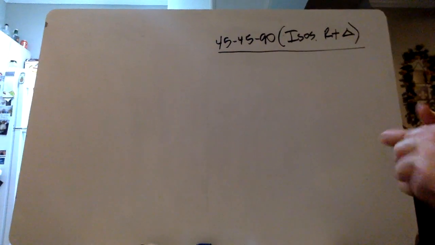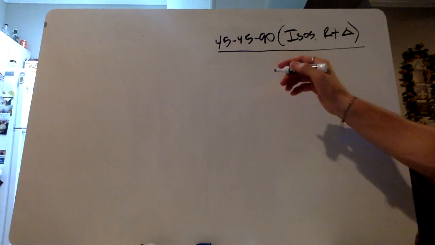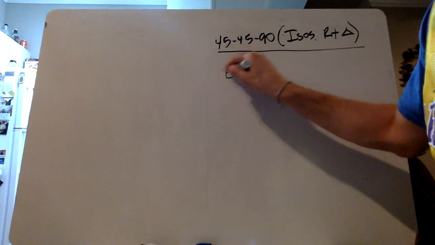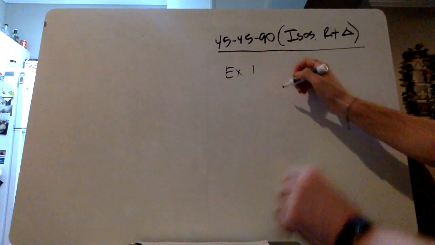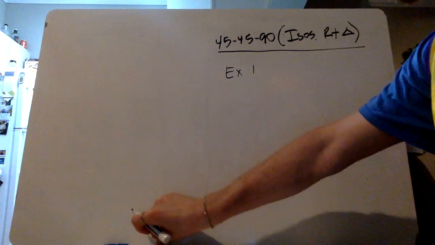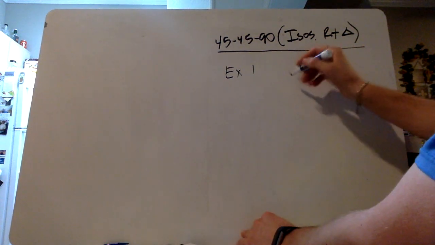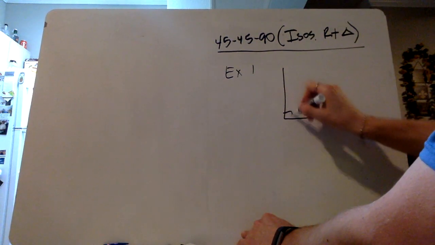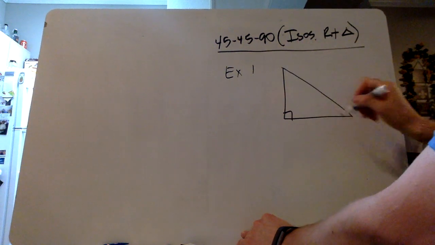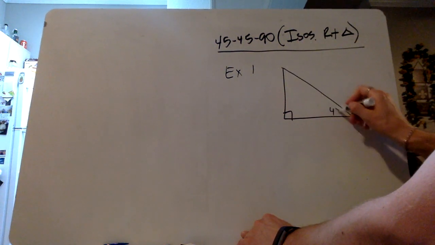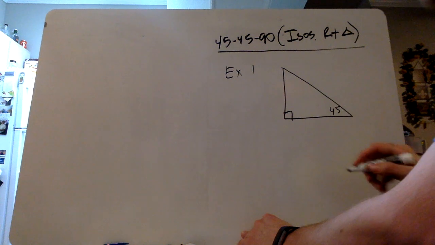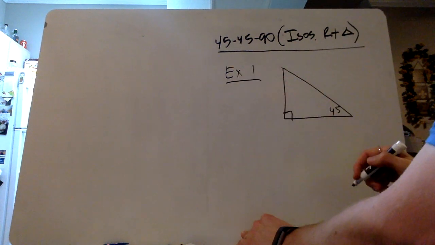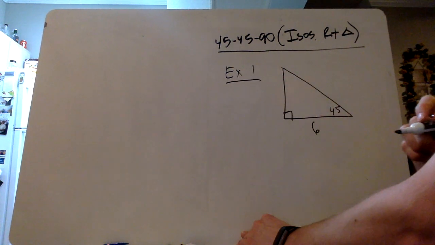So example 1. Here's your triangle, 45, 45, 90. This is 6.